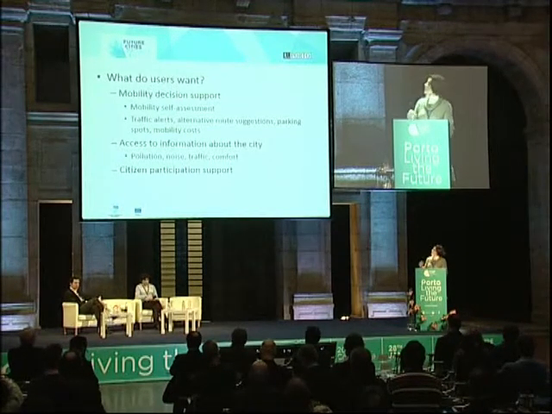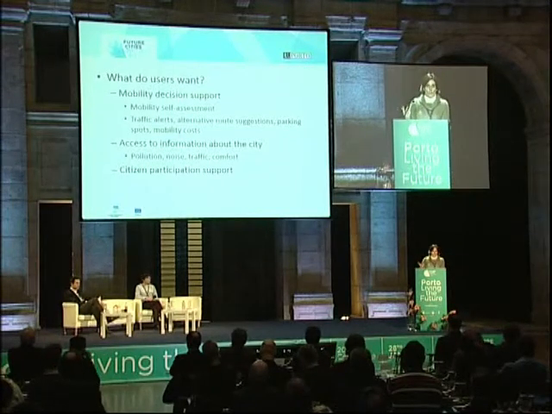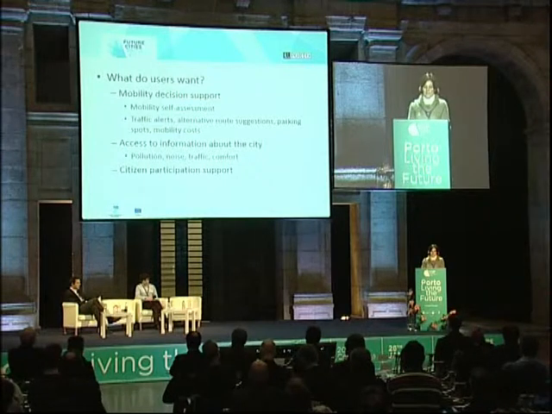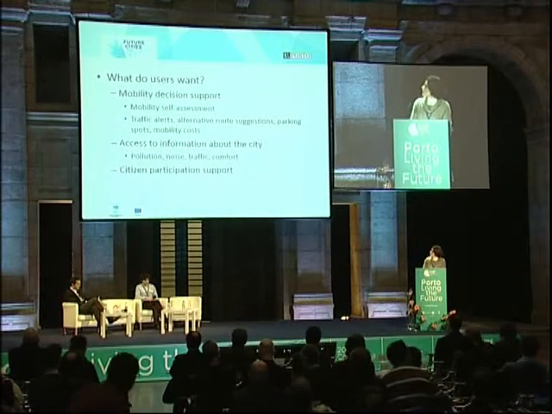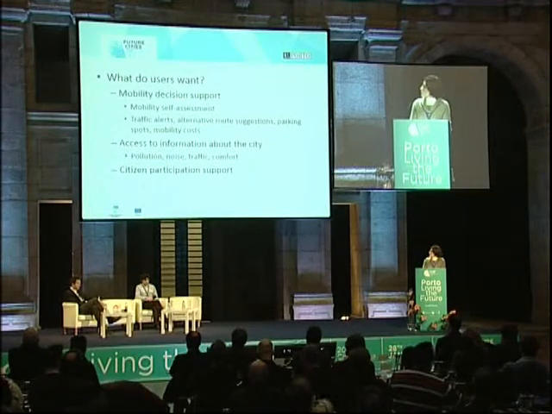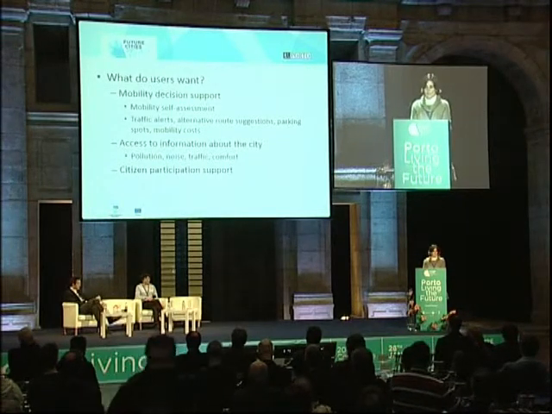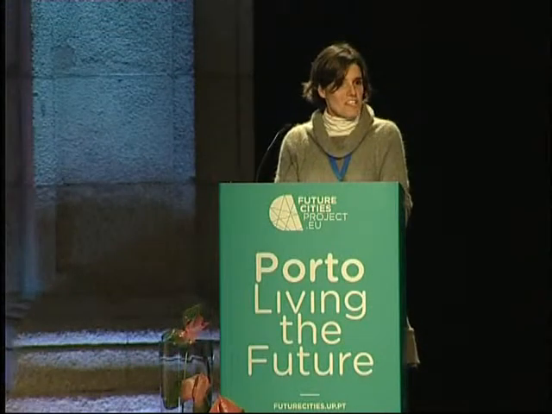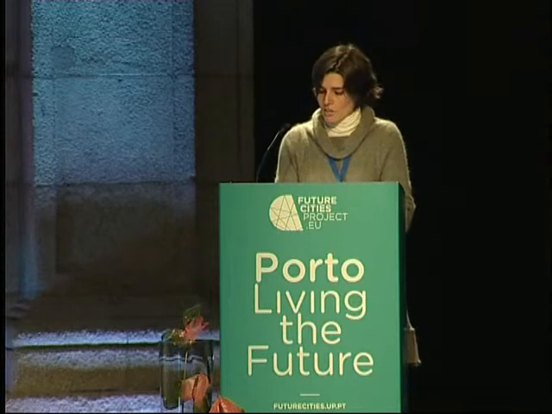So with our testbeds, we hope that we can help improve the amount of information that people have access to. And the last quite popular suggestion was to support citizen participation, also as a kind of sensing. So that's it.